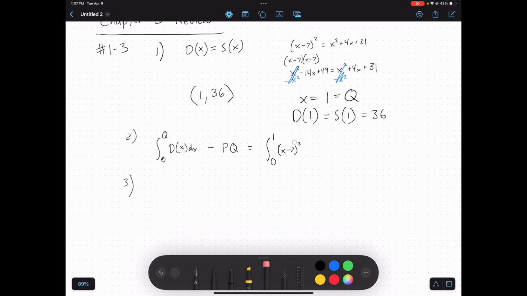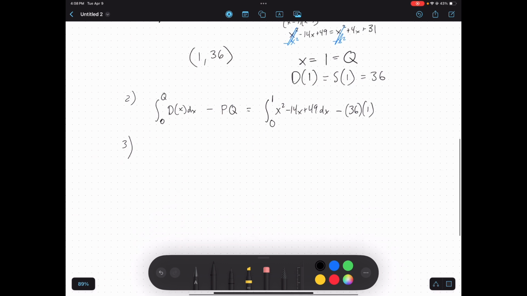Although I already foiled that out, it's going to be easier to find the antiderivative if I just leave it like that. dx minus P times Q, my price is 36, and my quantity is 1. Remember that P times Q you're taking directly from your equilibrium point.